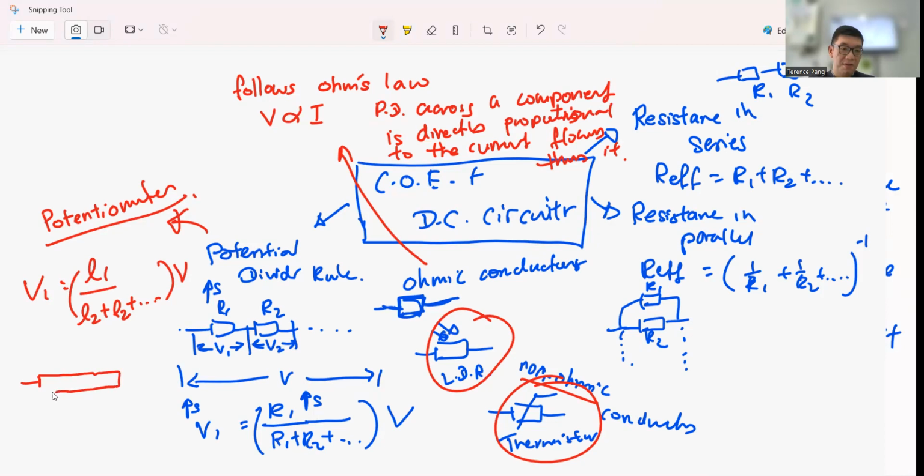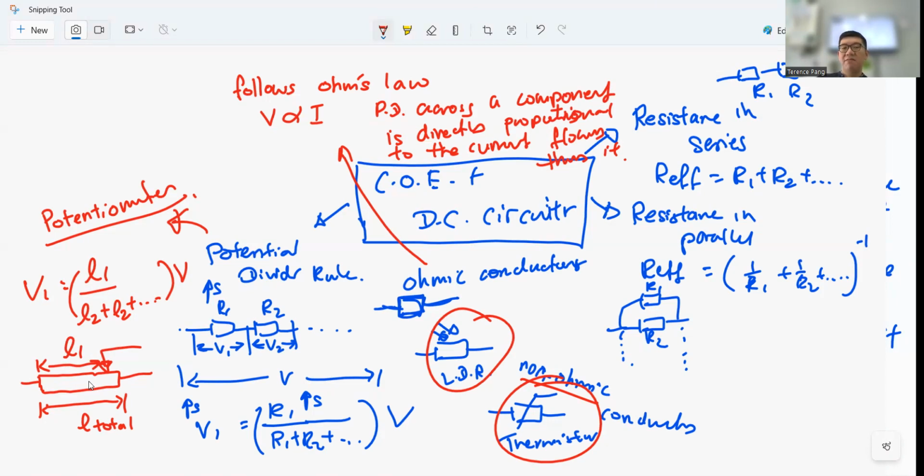It's a very long object. You have a crocodile tip. So this is the total length, and this is L1.